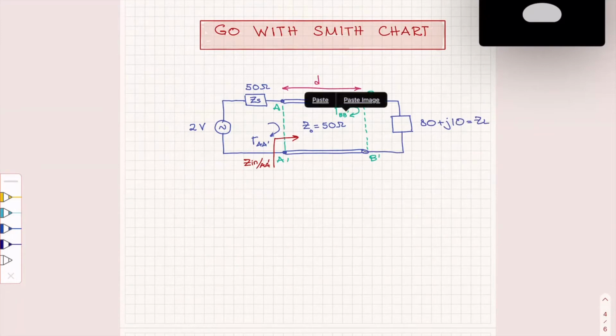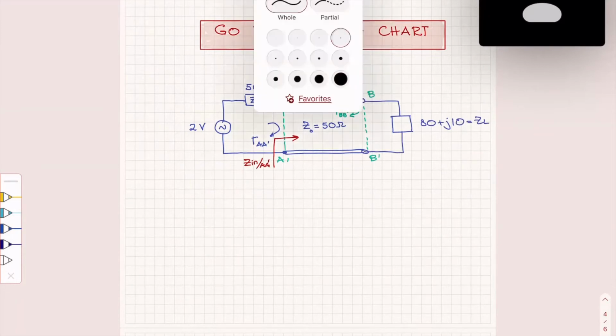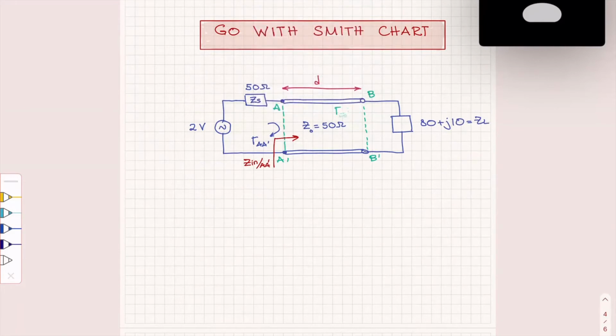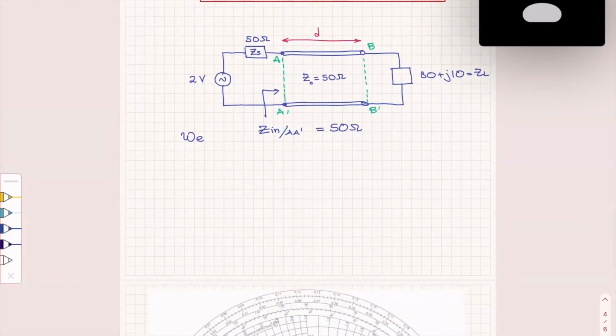All right, so we'll remove this. So we know from matching at AA prime for maximum power that Z in at AA prime has to become 50 ohms. So we have to add a stub somewhere, so this becomes 50 ohms.